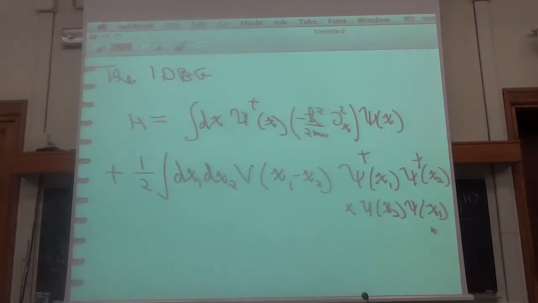So in the case of fermions with a contact interaction, the ground state is of course a Fermi sea. So if V is like delta of x1 minus x2, this has no effect. The ground state is just some Fermi sea.